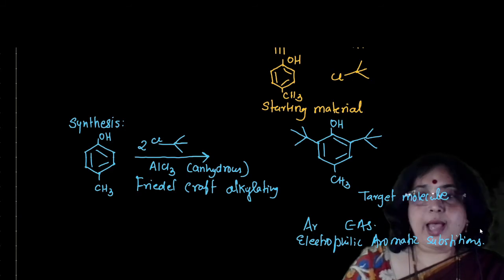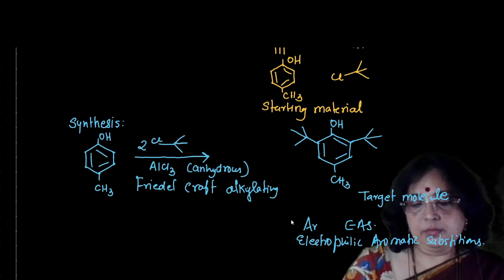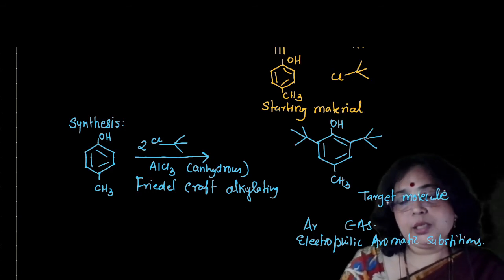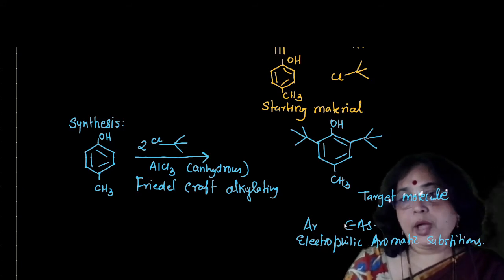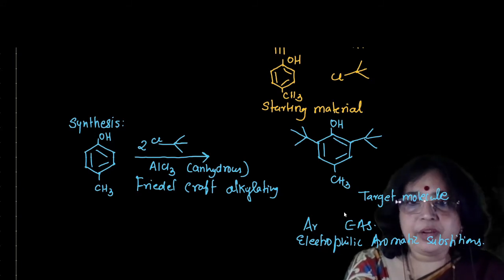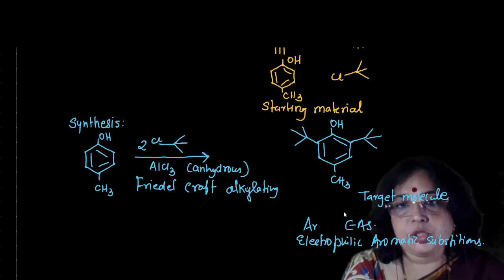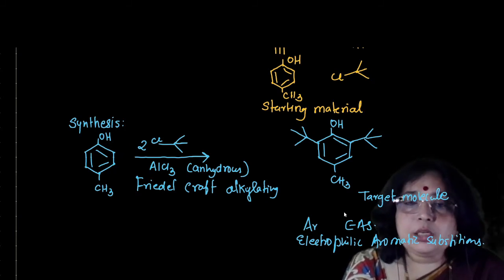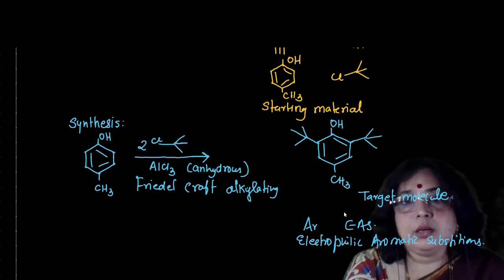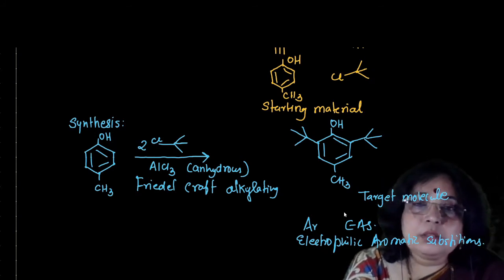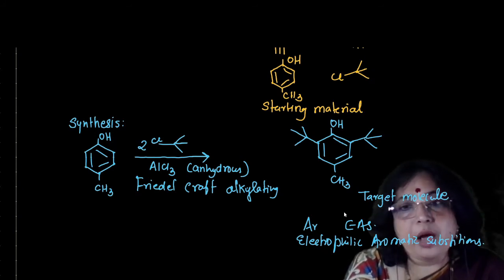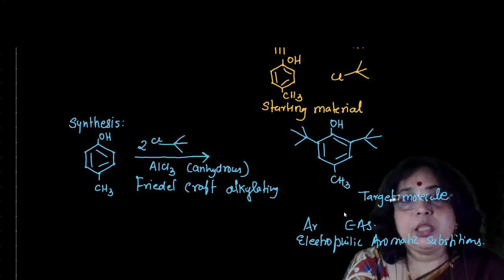Now as we know, the aromatic ring favors electrophilic substitution reactions. So what type of reagents are required, or which reagents we have to use in this reaction, that we must know.